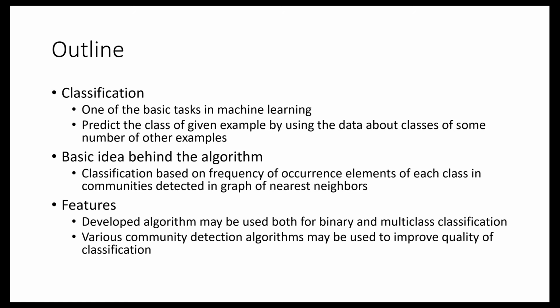My algorithm does not make any difference between these two types of classification. It also has one important parameter: it can use any algorithm for community detection. I'll talk a bit about community detection later.